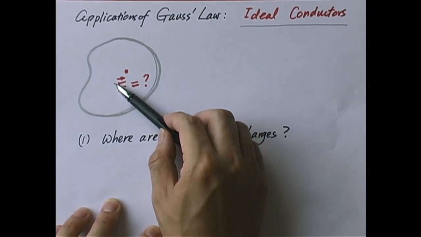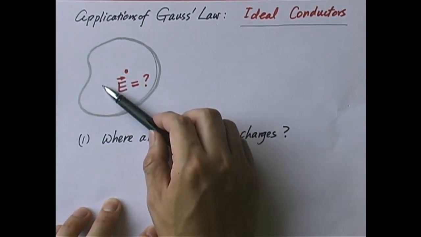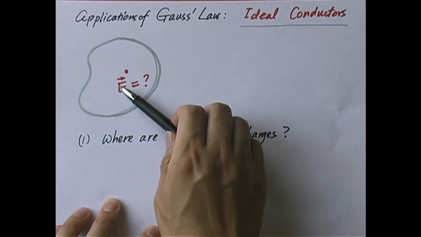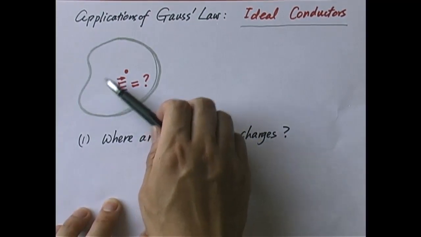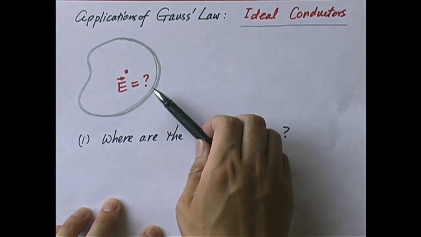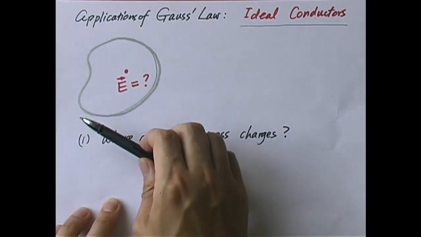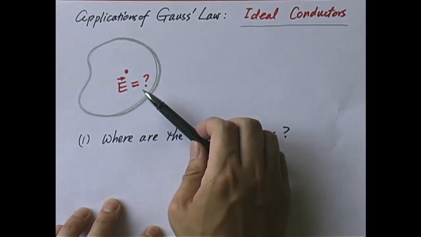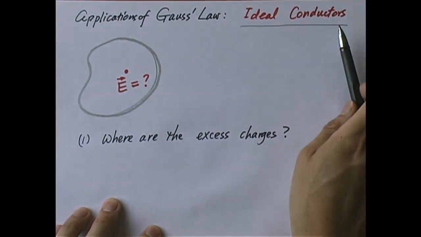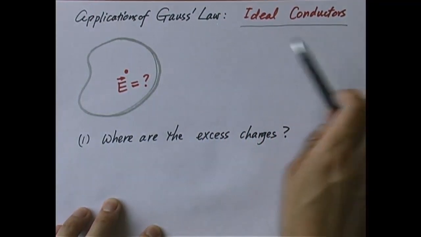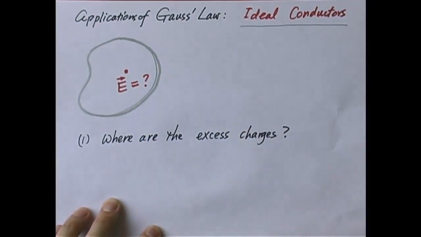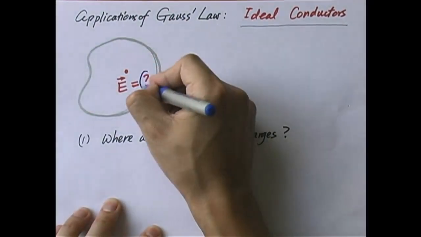And as the electrons move, they go to different locations. Therefore, they're going to reshape the electric field until what? The electric field goes to zero everywhere inside, and that's when the motion of electrons stops. So for an ideal conductor, it is clear that the electric field anywhere inside must be zero.